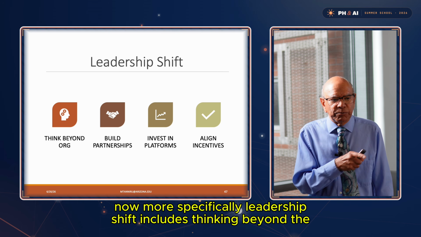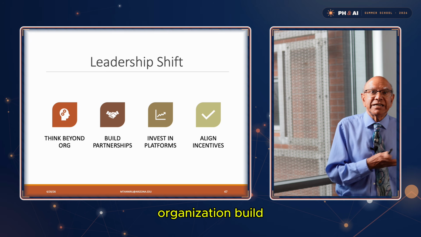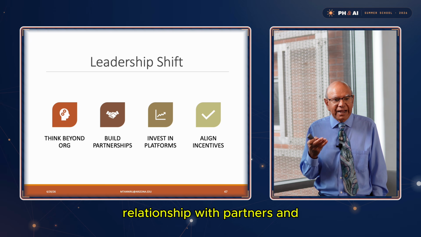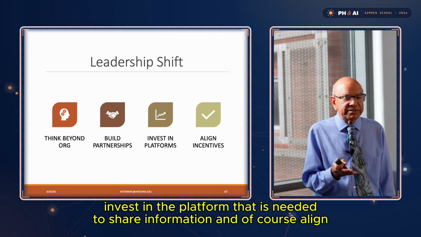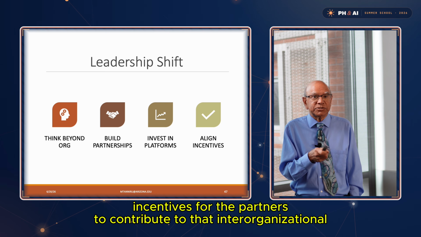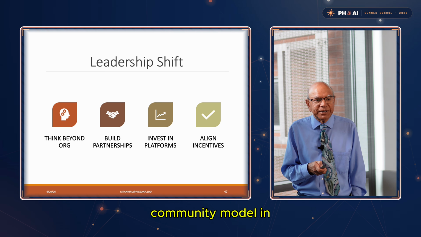Now, more specifically, the leadership shift includes thinking beyond the organization, building relationships with partners, investing in the platform that is needed to share information, and of course, aligning incentives for the partners to contribute to that interorganizational community model.